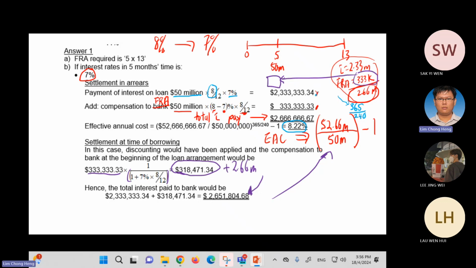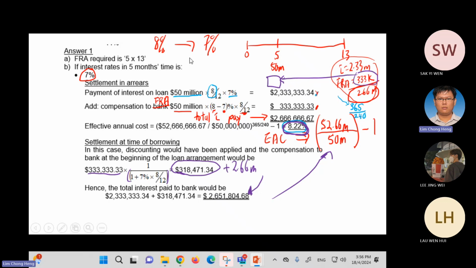They will 100% cover your risk, so you no need to worry about the basis risk. When you lock with the forward contract, your cost is 8.22%. Whether interest rate increases or decreases, your cost is 8.22%. So you no need to worry about more or less than this.